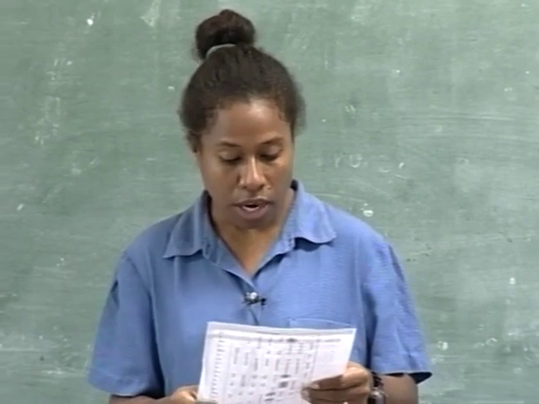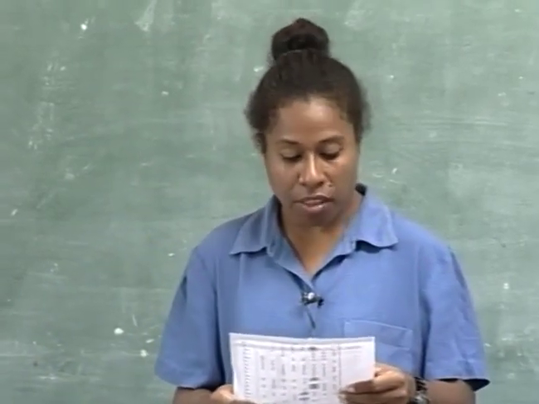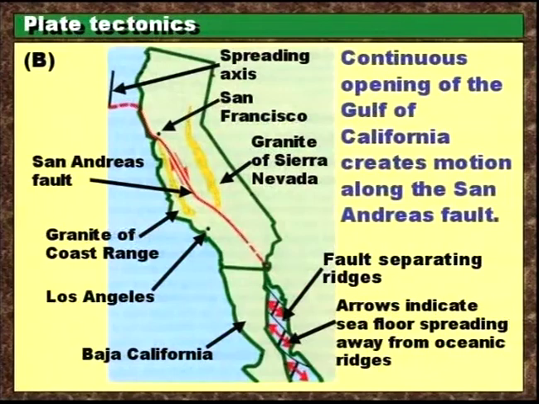And stream channels follow much of the fault zone because the weak ground-up material along the fault is easily eroded. Locally, elongate lakes, which are known as sag ponds, are found where the ground-up material has settled more than the surface of adjacent parts of the fault zone.